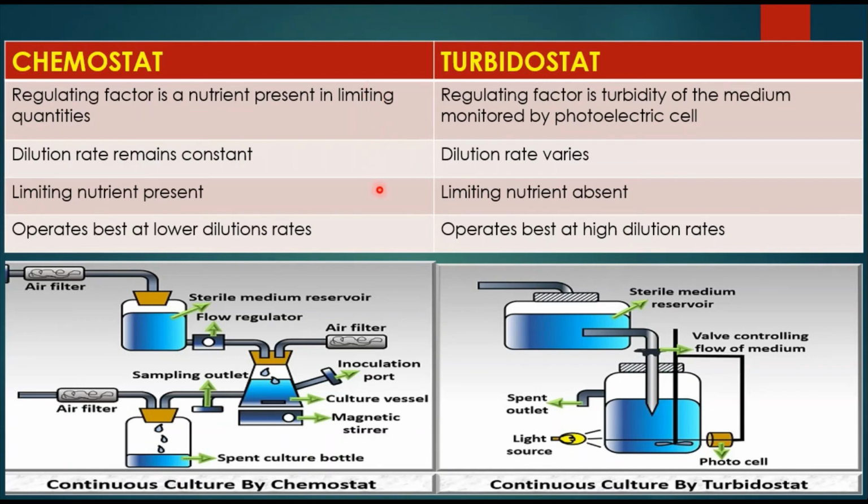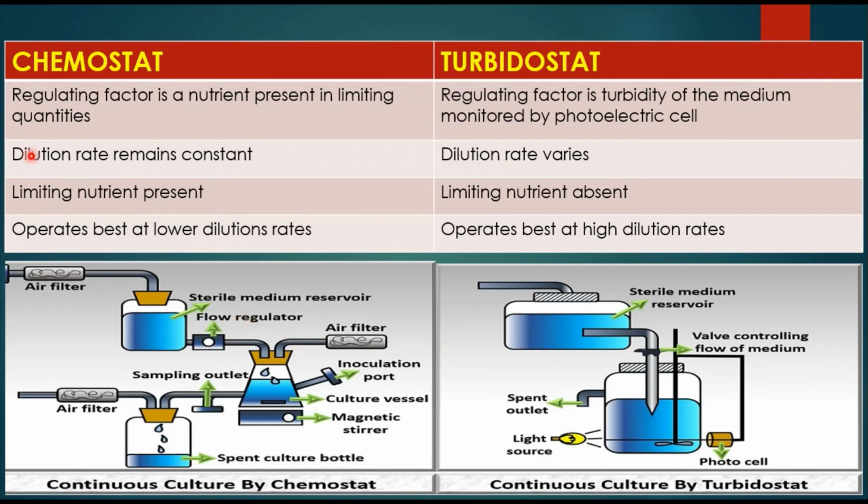Now, looking at the main differences between these two: the first is the regulatory factor. In the chemostat, it is a nutrient present in limiting quantities, whereas in the turbidostat, the regulating factor is the turbidity of the medium, which is monitored by the photocell.